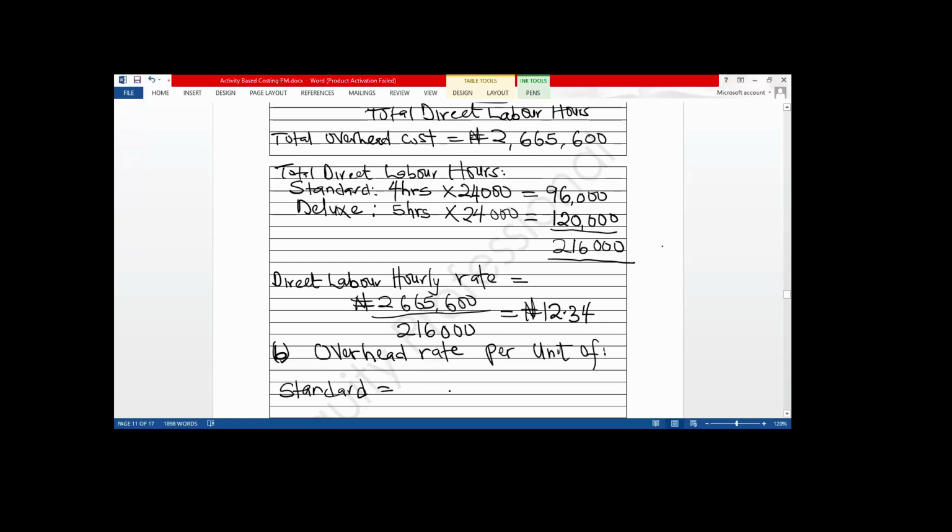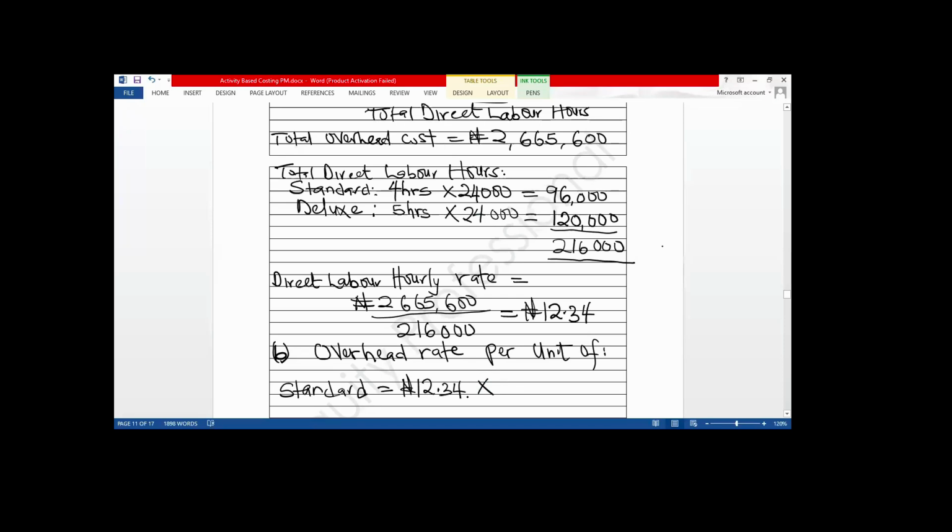Please, what is the labor hours required to produce a unit of standard? 4 hours.